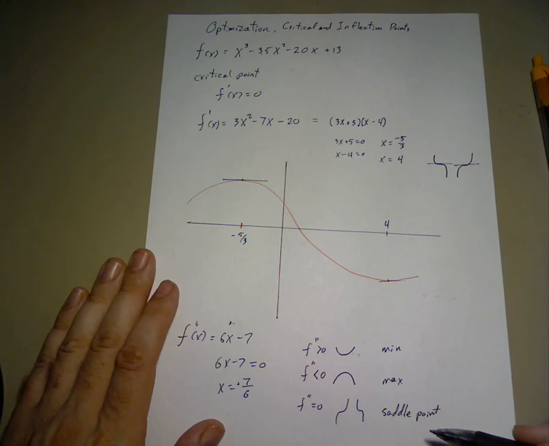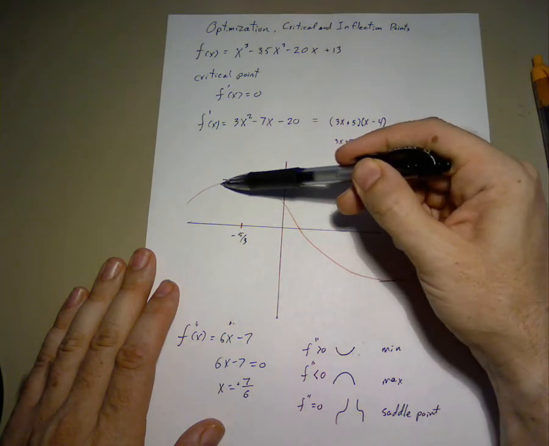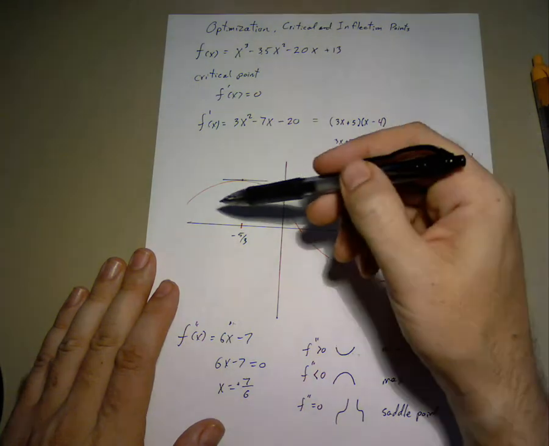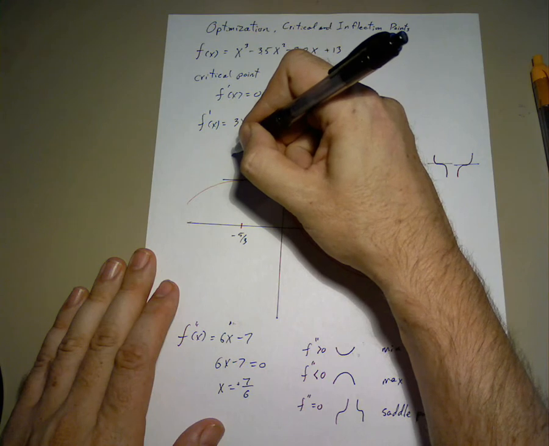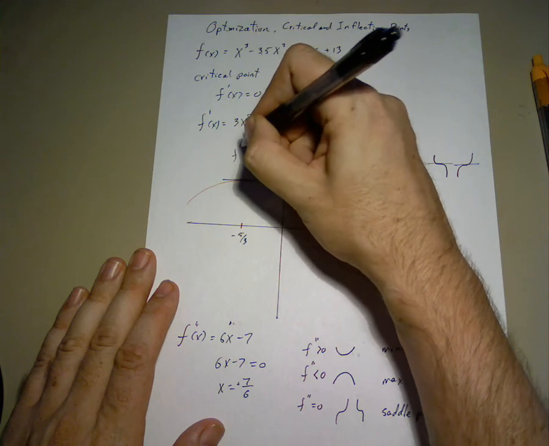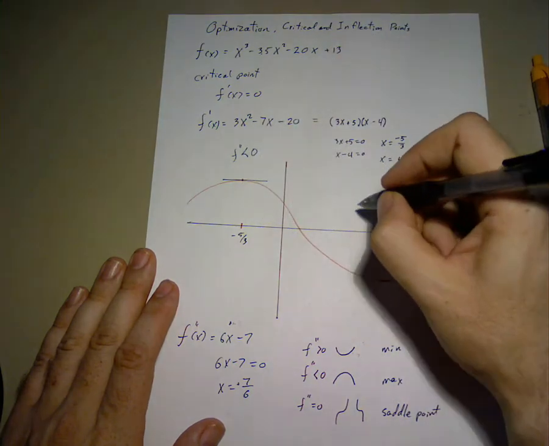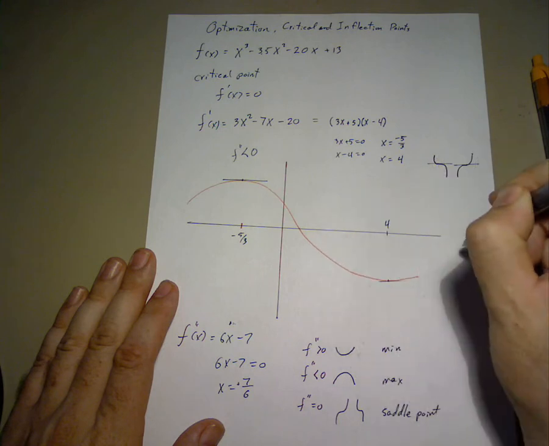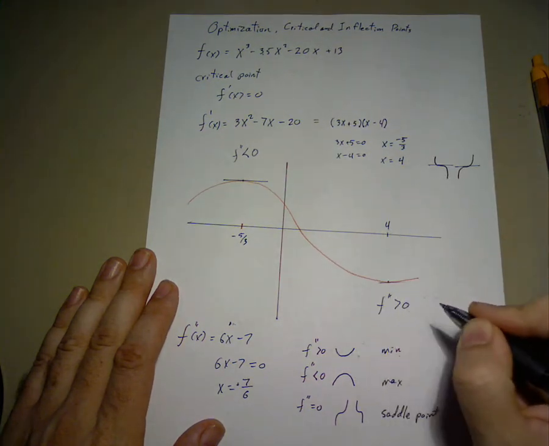Now, in our function, we have first an arching top, and here we'd expect the second derivative to be negative, less than 0. And over here, since we're getting a valley type shape, bowl type shape, we'd expect the second derivative to be greater than 0.